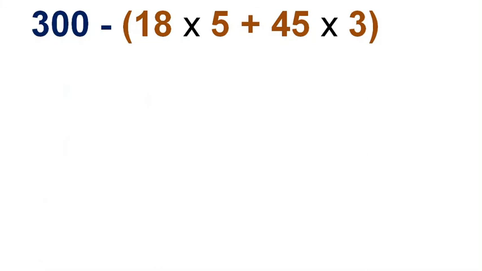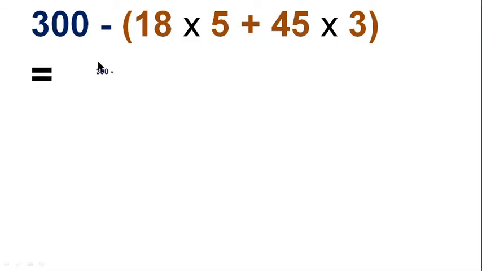Let's solve the next simplification. In the first bracket, we have got 3 operations: multiplication, addition and again multiplication. So we will multiply both multiplication here.